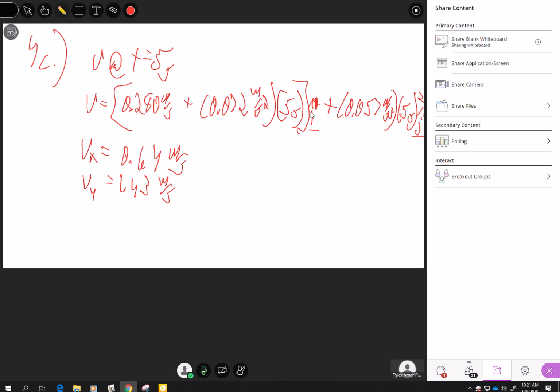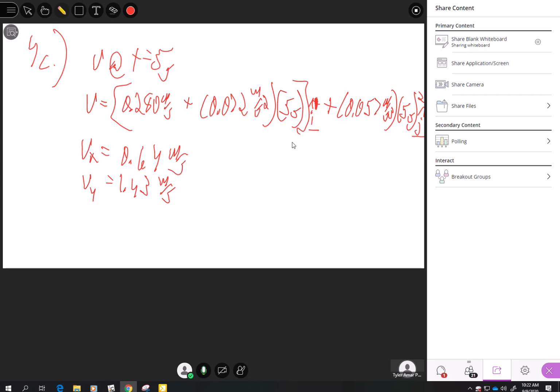Now how'd I get that? Well, come on guys, work it out. Multiply the 5 through, square the 5, multiply it through, and then you add these up, and it'll actually look like this: 0.64 meters per second i plus 1.43 meters per second j, if you wanted to write it that way. But you don't have to, unless it asks you to write it that way.